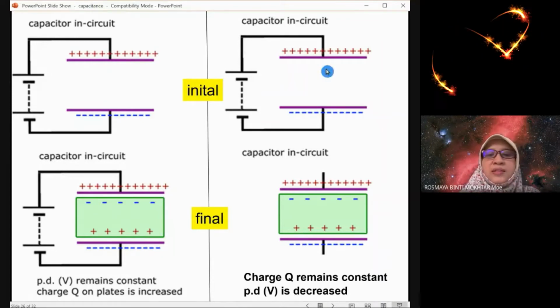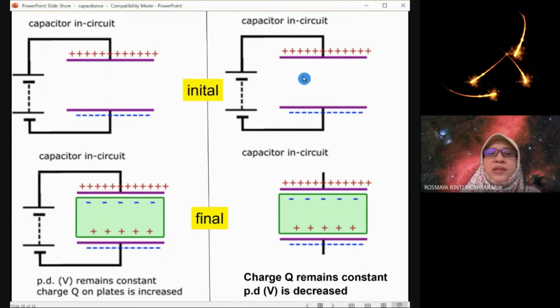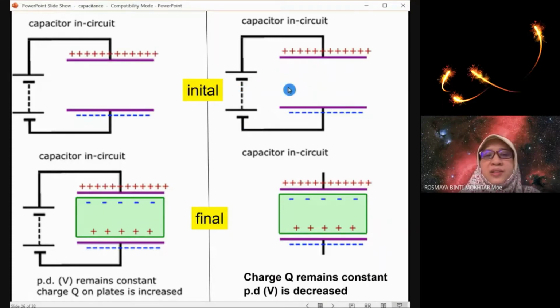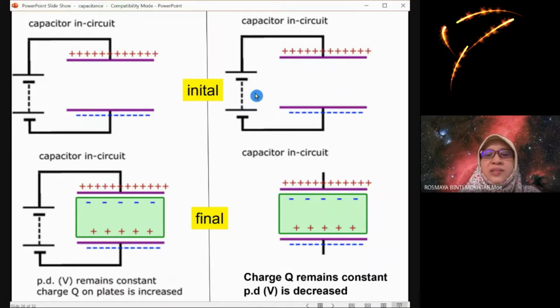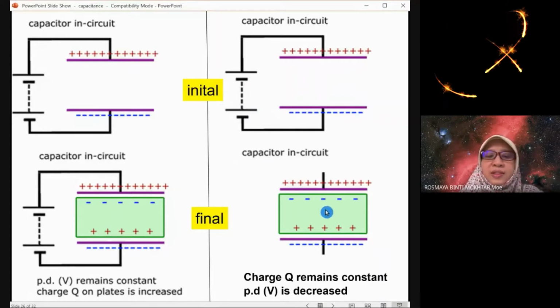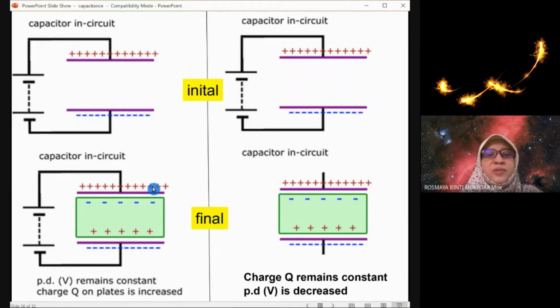In the second one, initially the capacitor is fully charged. Then no battery is attached; we take out the battery, it is unattached. Then we insert the dielectric. Can you see the difference between the two situations?